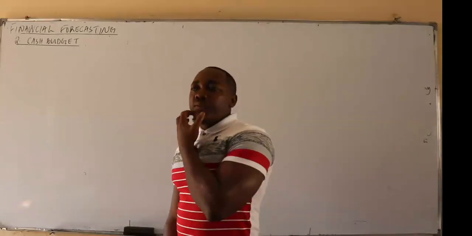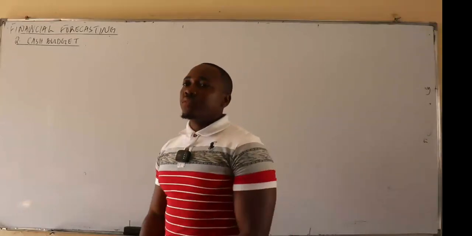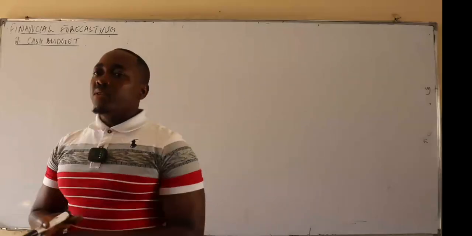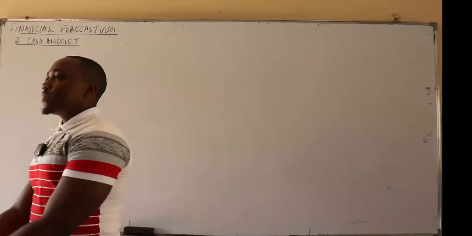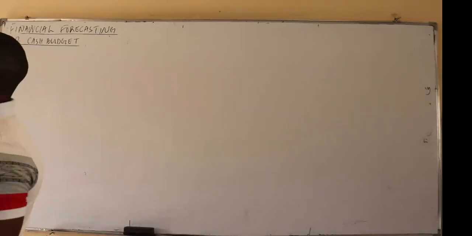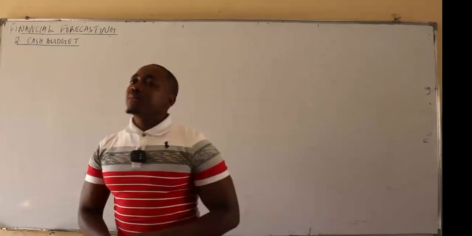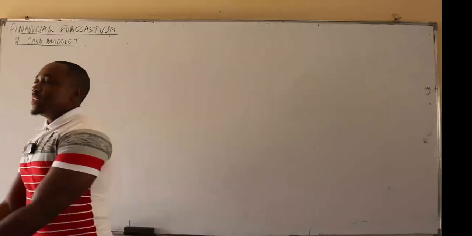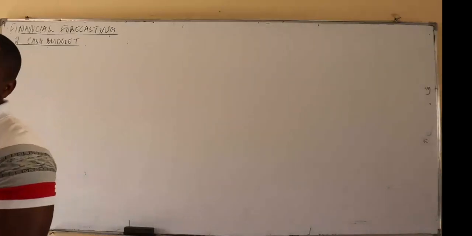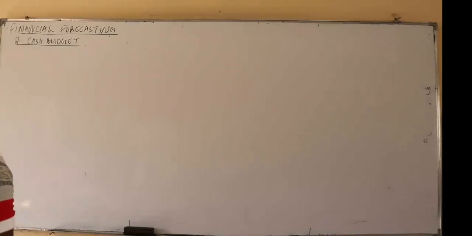Good. So now let's look at functions of a cash budget. Why should you prepare a budget? For example, this is my expected salary, and then how am I going to spend this salary? That's what we call a cash budget. Do you prepare a budget, or do you have nothing to budget for?